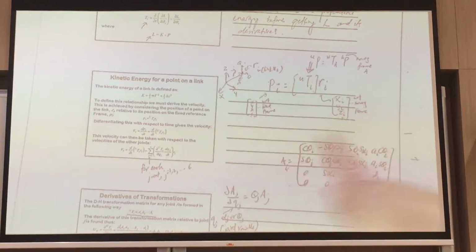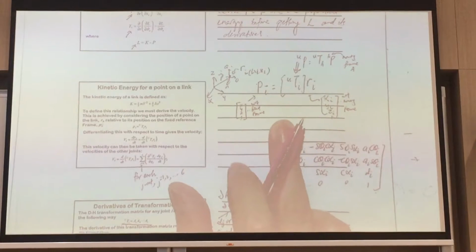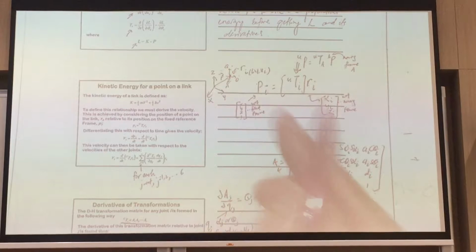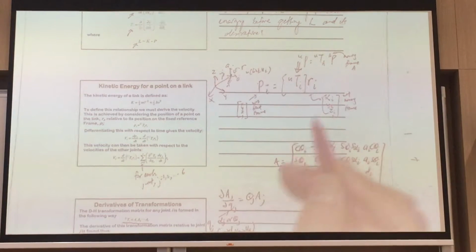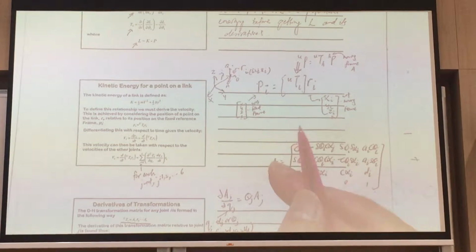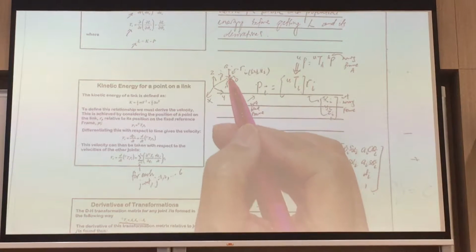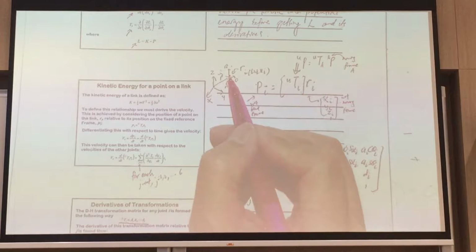This is just a quick recap of how you come up with the kinematic equation. We're going to use the same type of notation when we talk about the kinetic energy and potential energy for one particular point on the link.